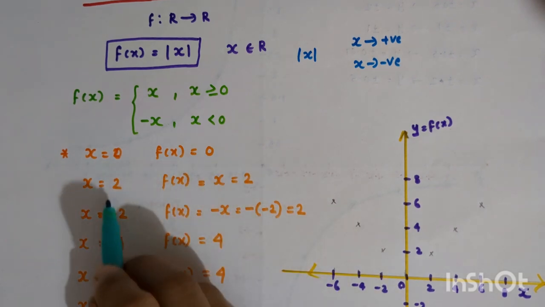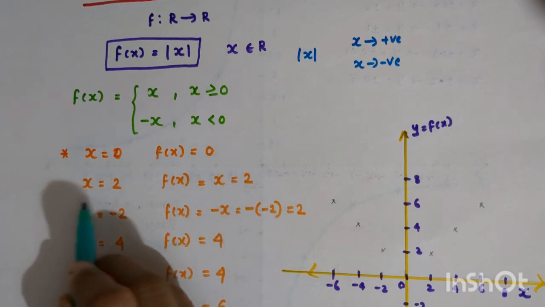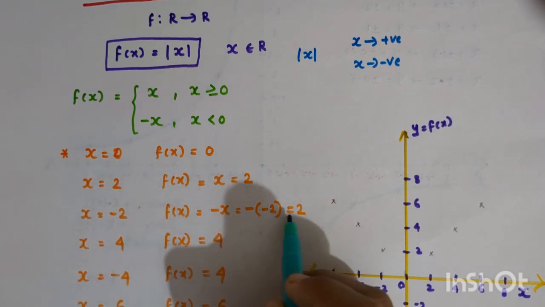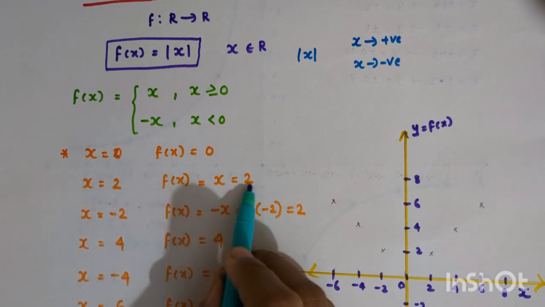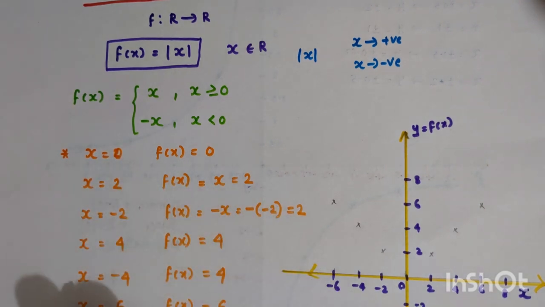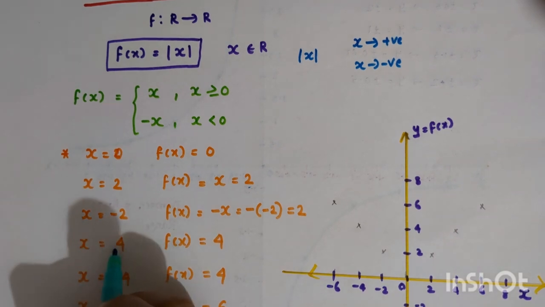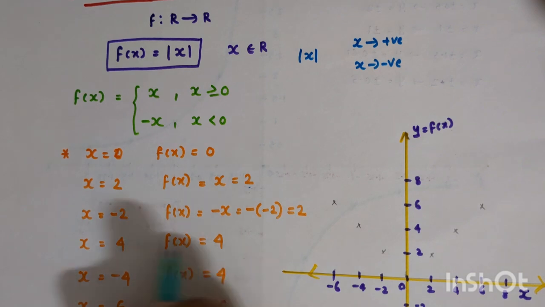So you see, for the positive value of 2, we have f of x as 2. For the negative value of 2, we have f of x as 2. That is, for both the positive and negative values of x, we have positive values for f of x. Such a function is called a modulus function. Similarly, when x is equal to 4, x is greater than 0, so f of x is x, which means 4.